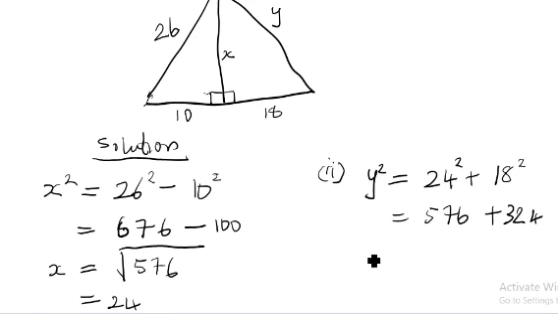If you add this, y becomes the square root of 900. This plus this becomes 900, so this gives you 30.